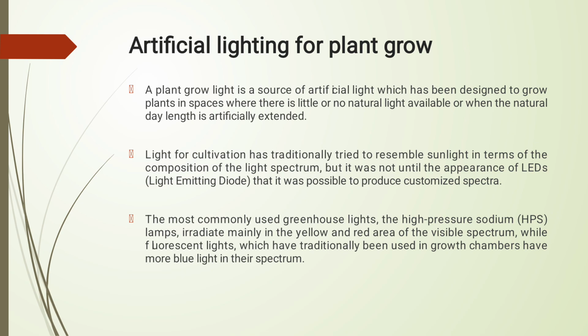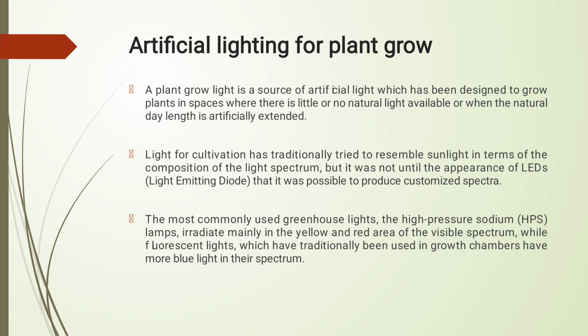Light for cultivation has traditionally tried to resemble sunlight in terms of the composition of the light spectrum, but it was not until the appearance of light emitting diodes, that is LEDs, that it was possible to produce customized spectra.